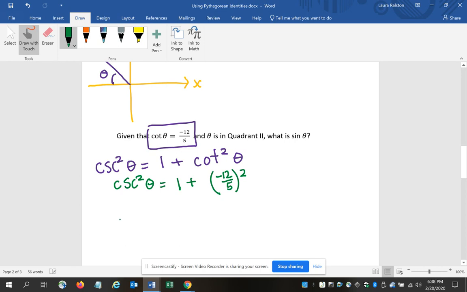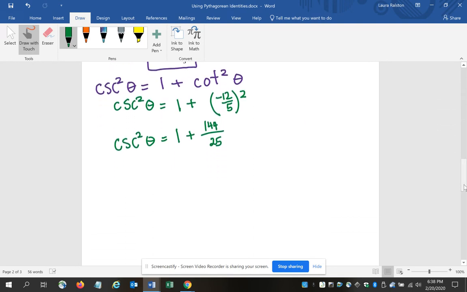going to square it. So I have cosecant squared theta equals 1 plus negative 12 times negative 12 is positive 144. 5 times 5 is 25. To add those two numbers together, I have to have a common denominator.